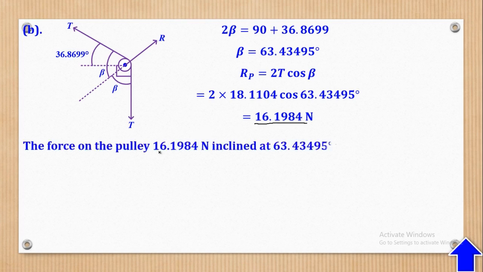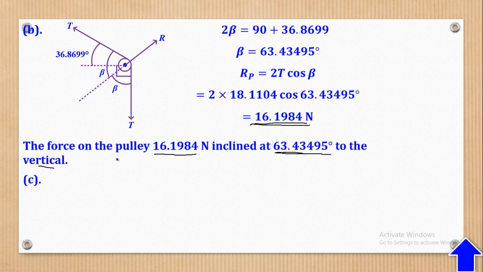So the force on the pulley is 16.1984 newtons, inclined at 63.43495 degrees to the vertical. Remember, force is a vector quantity, so it has both magnitude and direction. That's why you don't only stop at magnitude, you also state the direction.